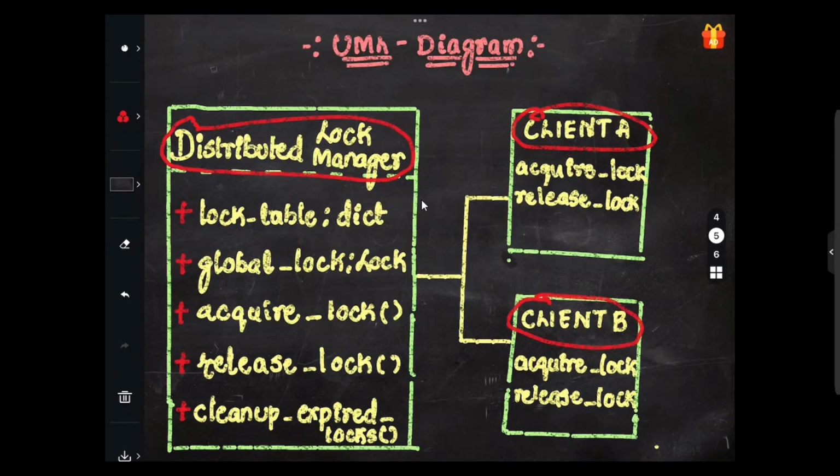Its parameters are lock table, of type dict, and global lock. We'll go with three methods: acquire lock, release lock, and cleanup expired locks.